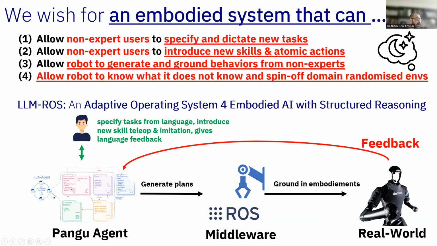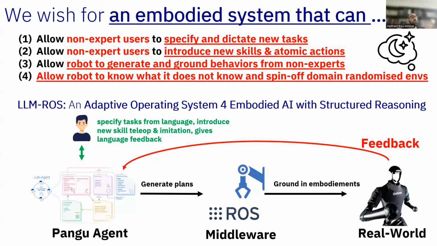So on one side, we have our Pengu agent. Pengu agent is another paper we had, a large language model based agent, which allows you to do structured reasoning. For now, think about it as just an LLM that can solve sequential decision-making problems by talking to tools, by changing its intrinsic structure in order to think better.